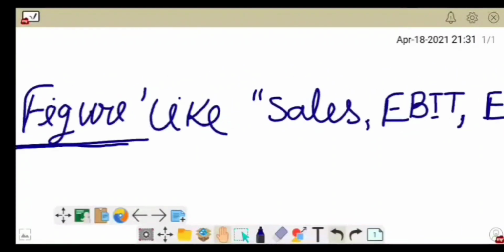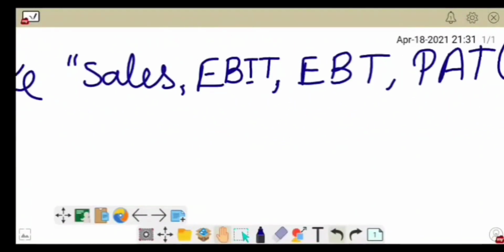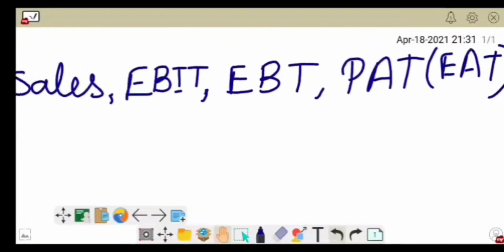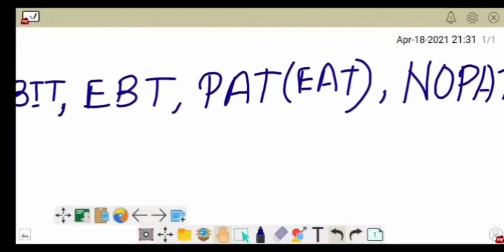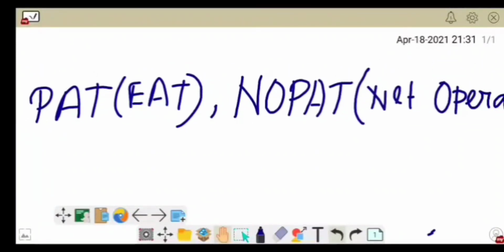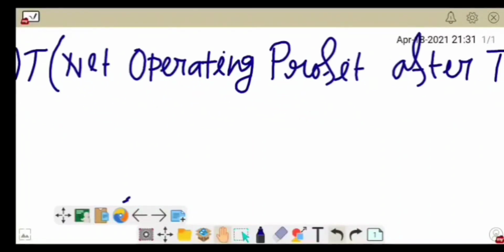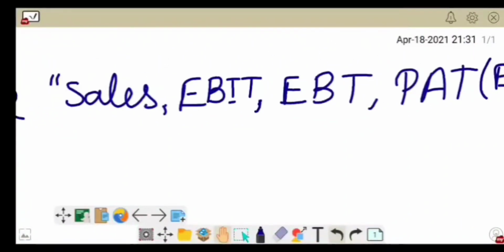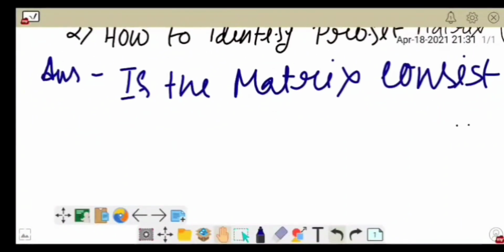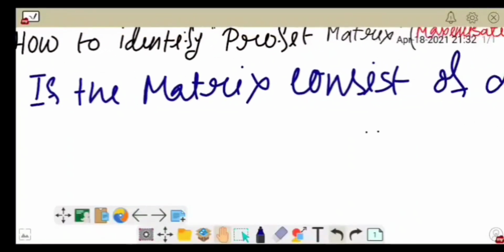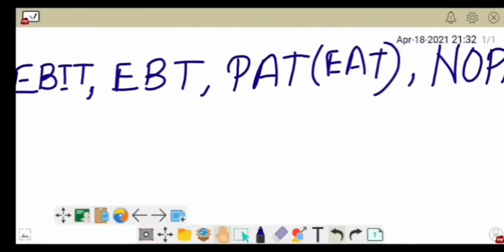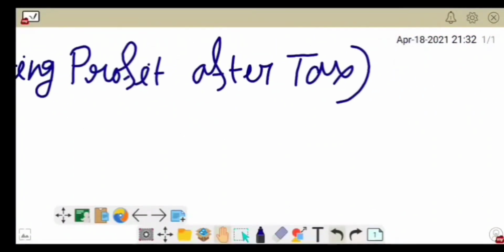When this kind of revenue figures like sales, EBIT, earning before interest and tax, earning before tax, profit after tax, or earning after tax, NOPAT, are given in the question, then you can recognize that the question is related with a maximization type of problem.